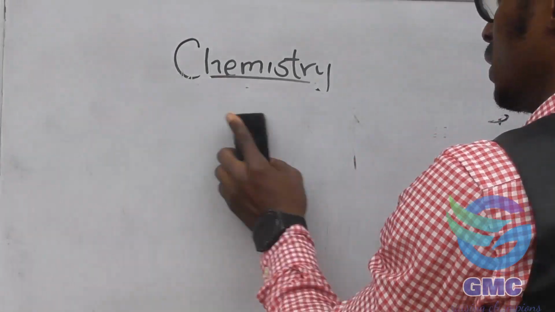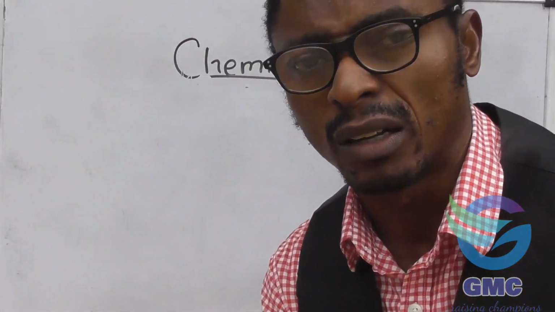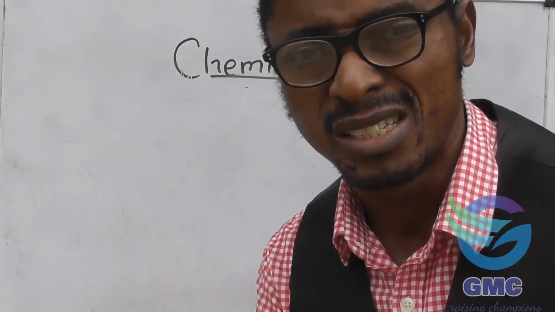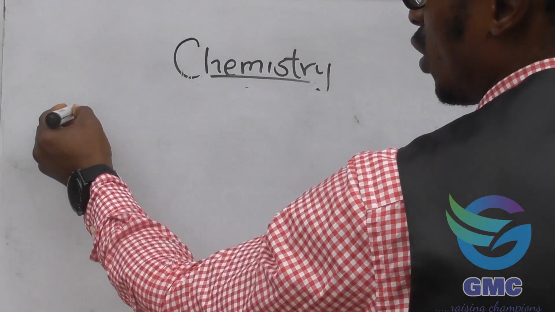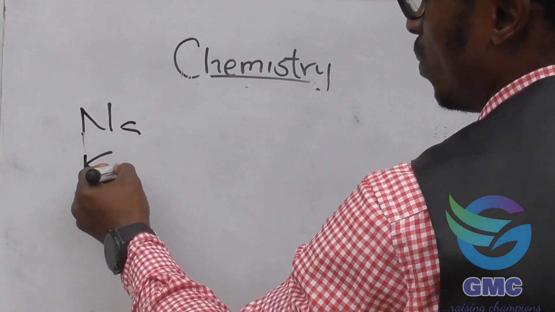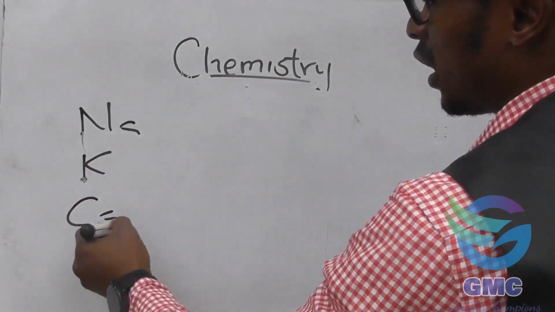And the last one, when you have any other metal combined with any other negative radical, what you have is a salt. For example, just think of sodium, potassium, and calcium. Let's just take 3 metals.